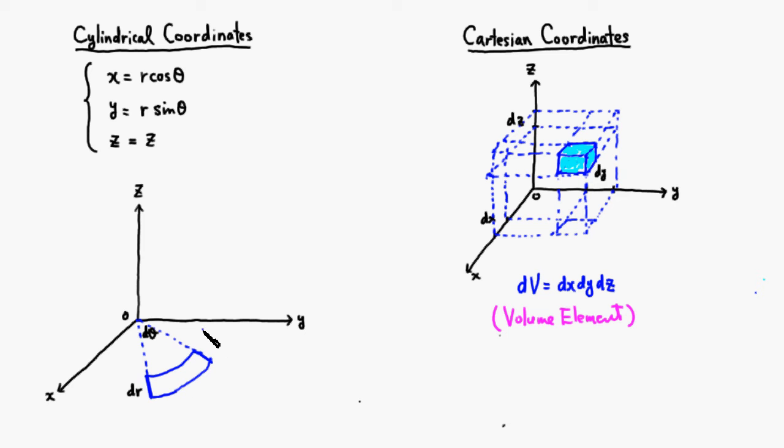But this has a height, so hopefully I can draw this up here. And they go kind of like this. So that's going to correspond there, that's going to correspond there, and like that.